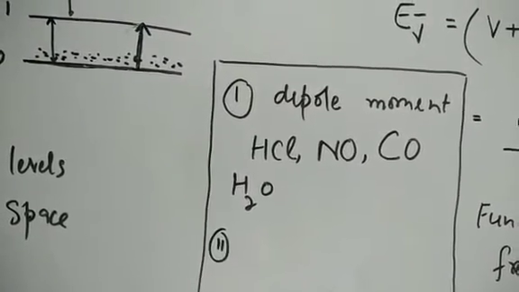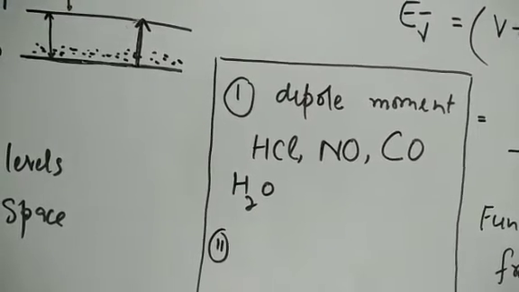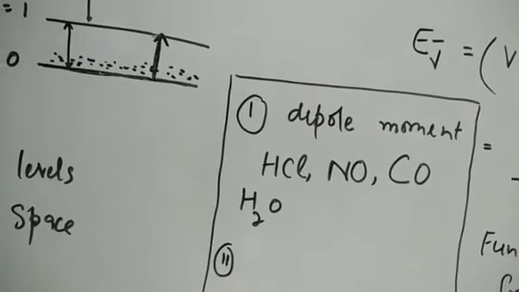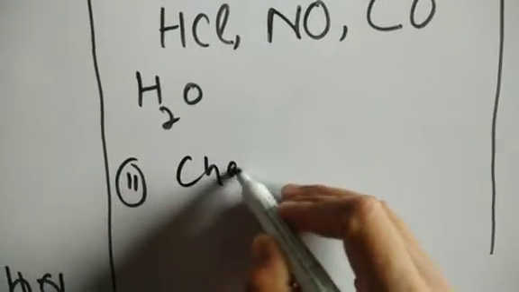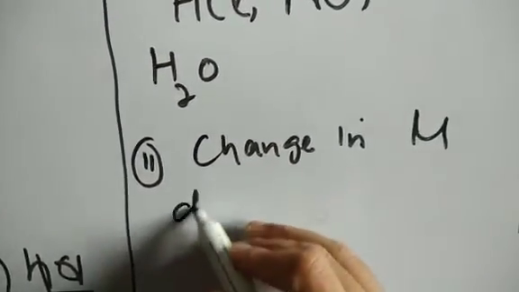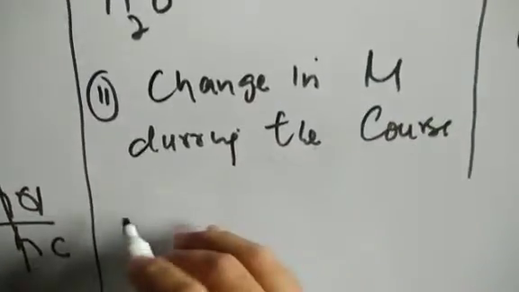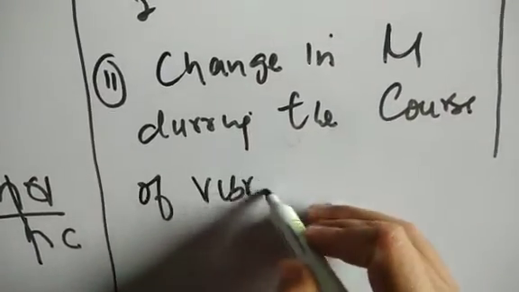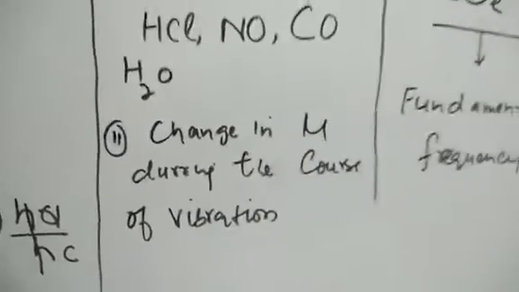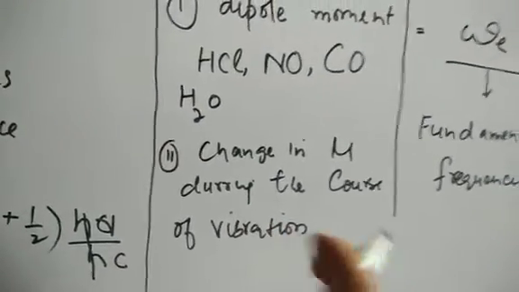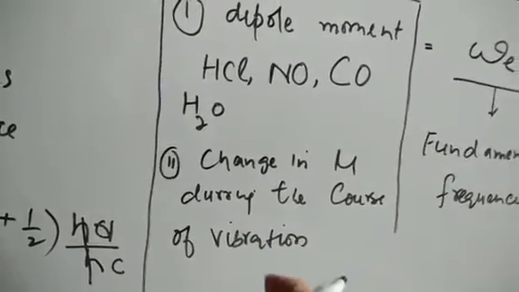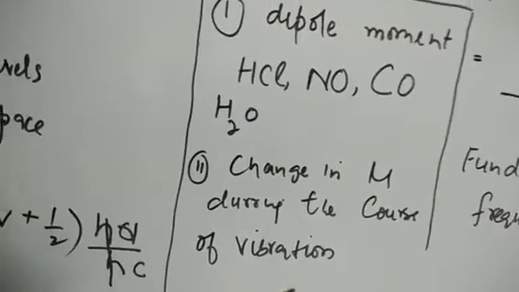Or I can say the molecule, if it possesses a dipole moment and then during the course of vibration there is a change in dipole moment, mu. This means if you have polyatomic molecules, even if initially they do not have the poles, during the course of vibration, since polyatomic molecules can change their symmetry, they will have some sort of dipole moment, so they will be active in the IR spectroscopy.